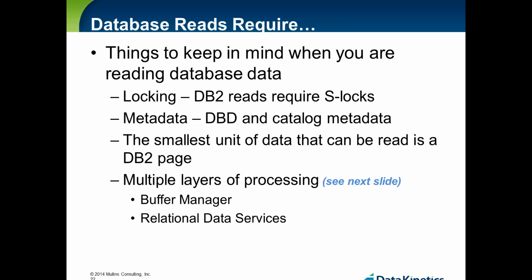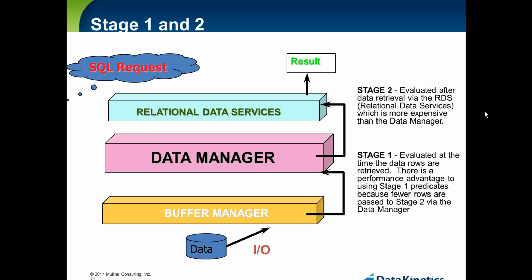There's the stage 1 versus stage 2 issue and the way in which data gets read from DB2. All data comes through the VSAM Media Manager into the buffer manager, and then you apply predicates. These are the where clauses in your SQL statement. The earlier in the process you can apply those where clauses, the more efficient the statement becomes. Because if you can filter things out at the data manager level, stage 1, instead of the relational data services level, stage 2, less data gets passed along the pipe.